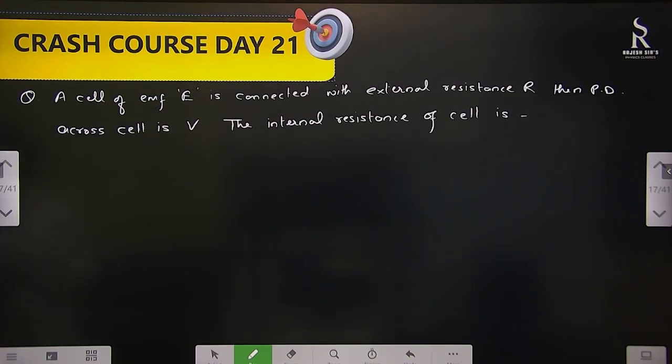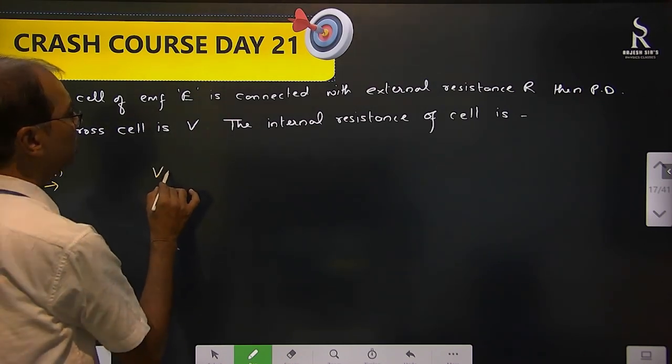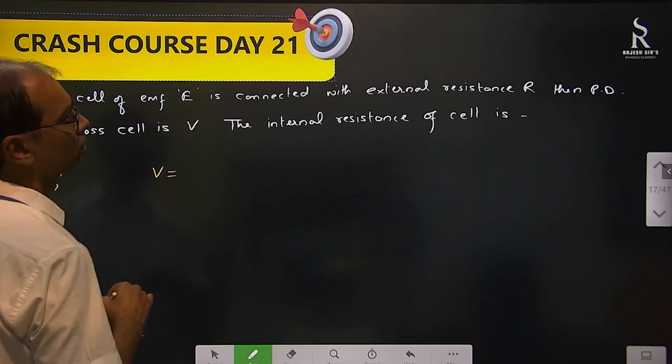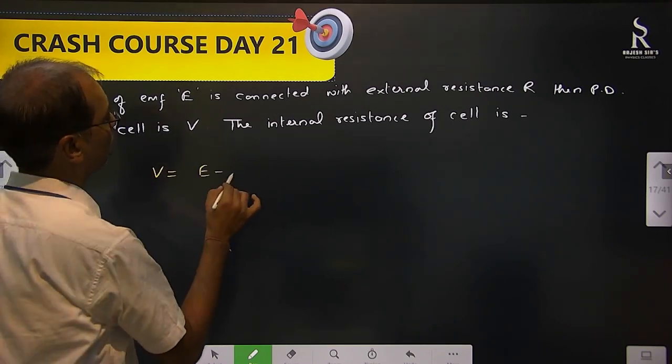A cell of EMF E is connected with external resistance R, then potential difference across the cell is V. The internal resistance of the cell is? So the cell of EMF E is connected with external resistance R, and the potential difference across the cell is V. That means V is equal to E minus Ir.